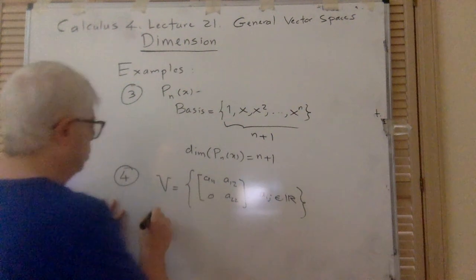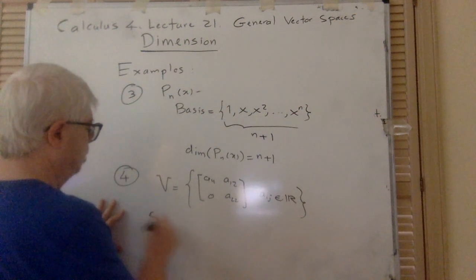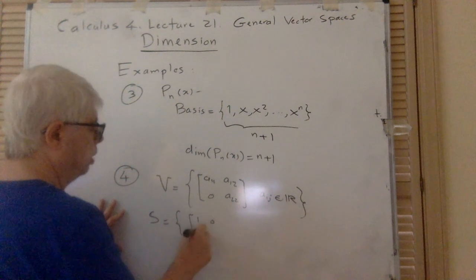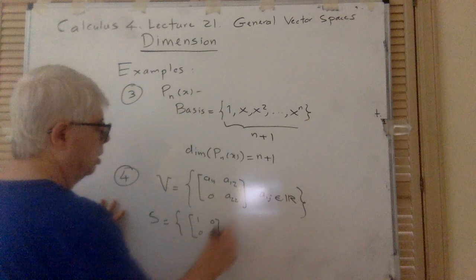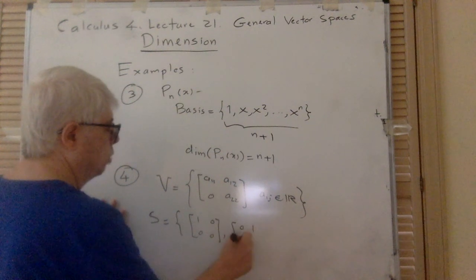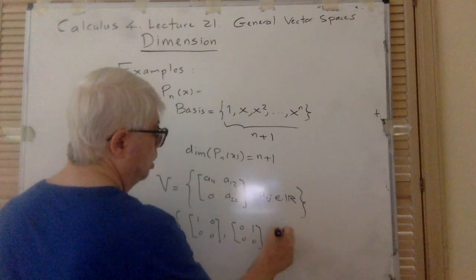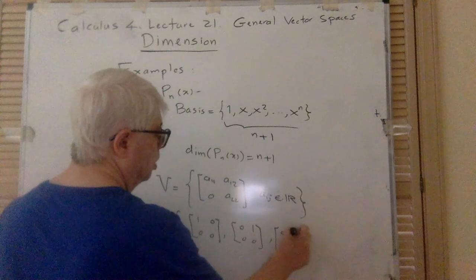Well, it's very easy to find a basis. The first matrix has 1 here, and the second one has 1 here. There is no 1 here, so the third one will be 0, 0, 0, 1.